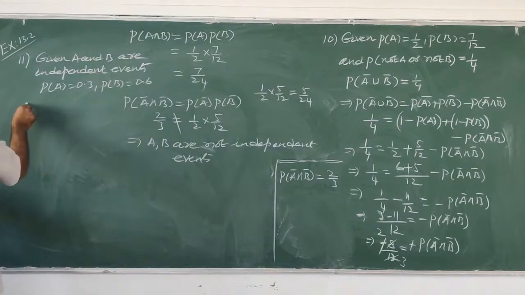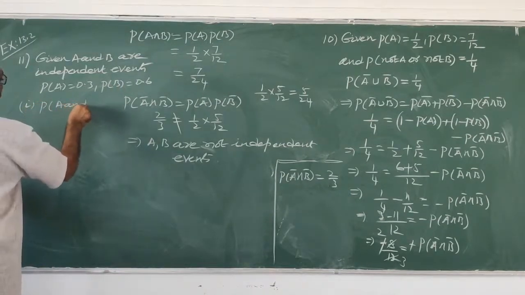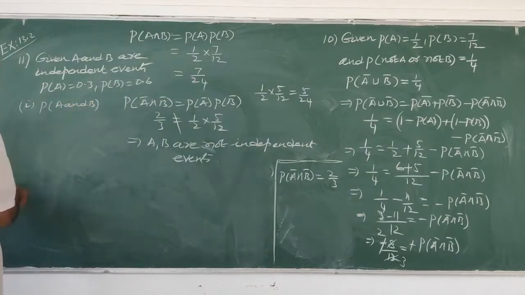What is asked to find? First bit, P of A and B. P of A and B means what? P of A intersection B.